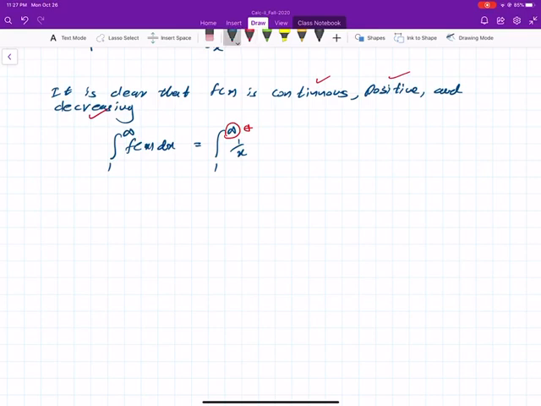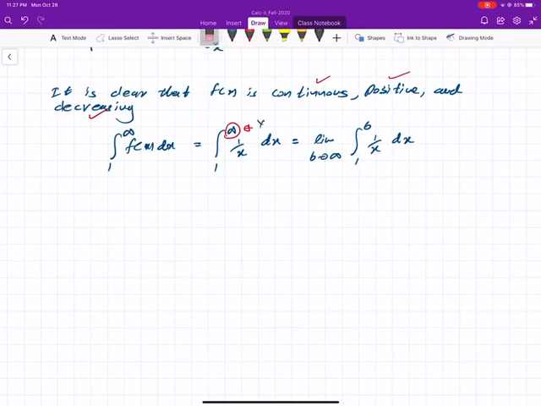The approach here is you write this integral from 1 to some value b, and then you write the limit as b goes to infinity. You learned this in one of the previous sections.